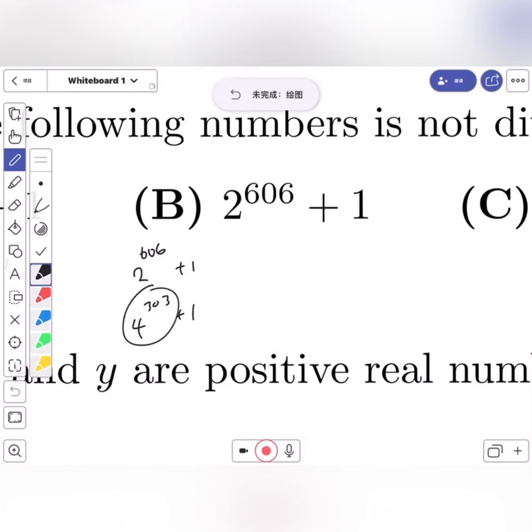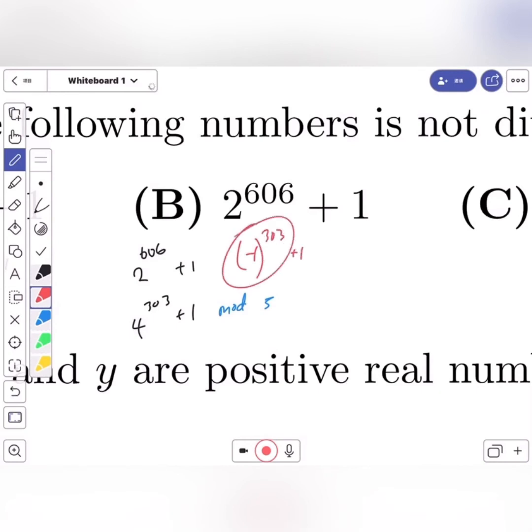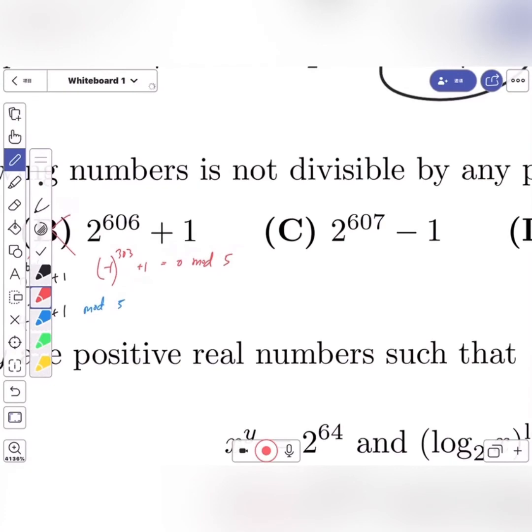We can just take mod 5 to find a contradiction. 4 is actually negative 1 mod 5. So negative 1 to the 303 plus 1. This one is negative 1 to the 303 because 303 is odd. So this is equal to 0 mod 5, which tells us B is not possible because 5 is between 0 and 10.